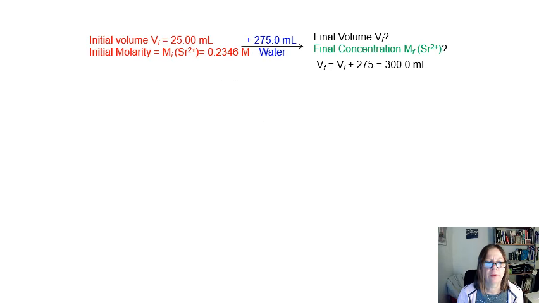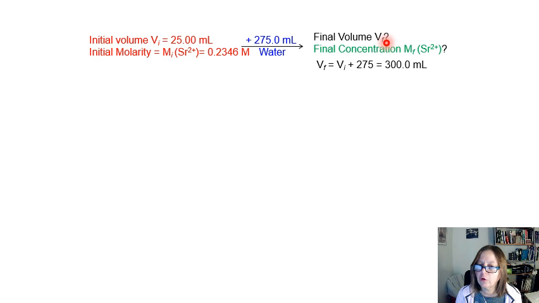So what do we have? We have an initial volume, 25 milliliters, of initial molarity in strontium ion, 0.2346 molar. We add 275 milliliters of water, and we end up with a final solution of volume VF and concentration that we need to calculate.